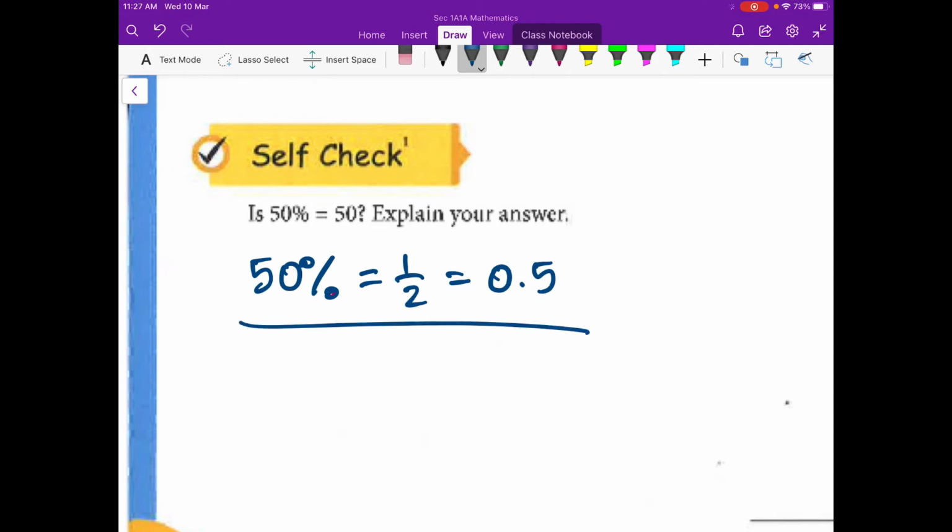Do we have a conclusion whether 50% is equal to 50 already? Is there a conclusion? Yeah, they are not the same. Why? Because 50% is the same as 0.5, which is not the same as 50. So this symbol that I just wrote, I wrote an equal sign, but I put a slash to mean not equal to.